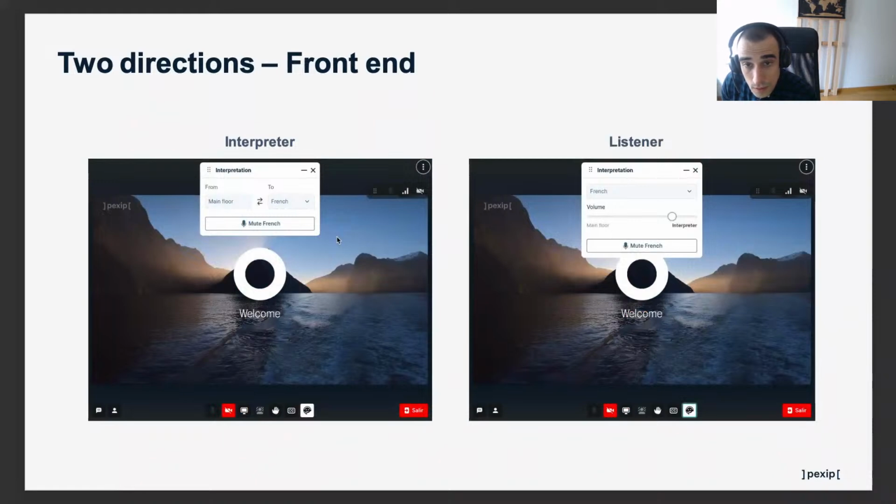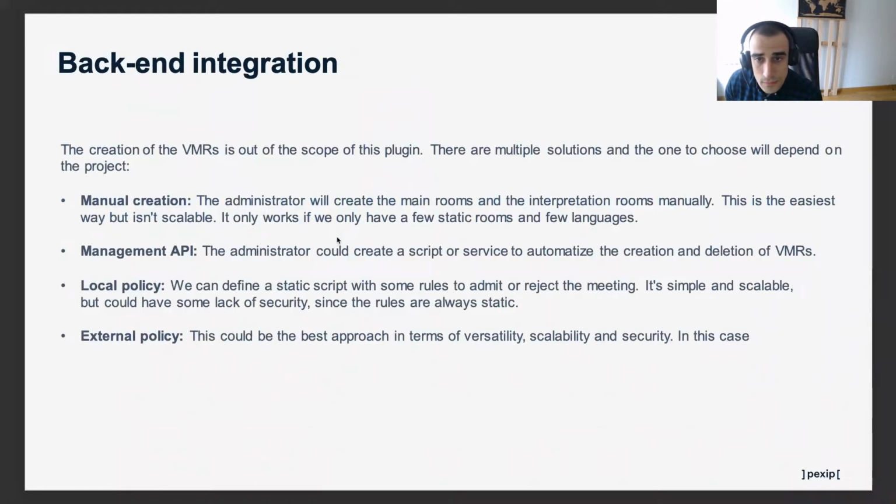Later I will make a small demo, so you will see all of it by yourself. This is only a small example of how we can achieve the backend part.